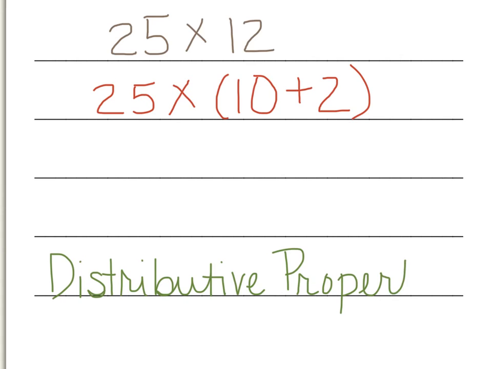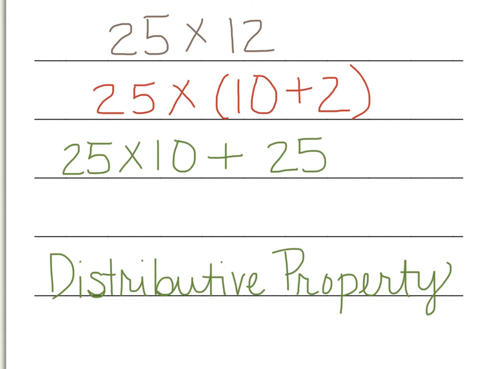The distributive property says I can spread out, I can divide up my numbers. So I could say 25 times 10 plus 25 times 2. So in actuality what I've done is here was my first multiplication problem, here was my second multiplication problem, and I added them together.